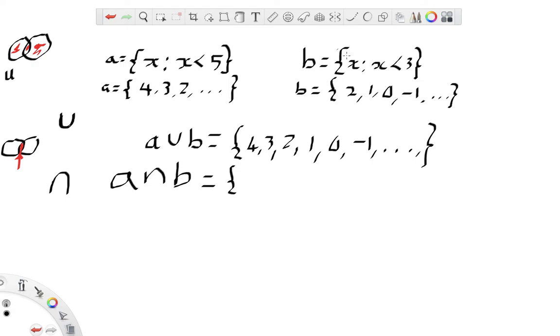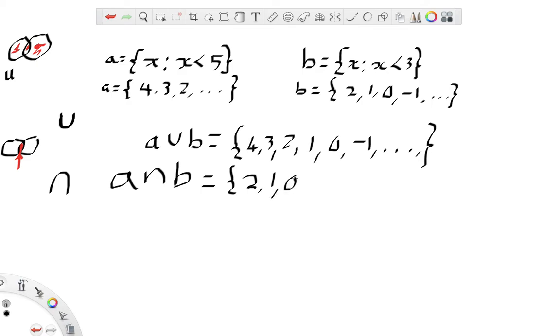So is 4 in both of these sets? No. Sorry, is 3 in both of these sets? No. Is 2? Yes, it is. Will 1 be in both of these sets? Well, it'd be in this one because it's the integers less than 5, and it's in this one. Will 0 be in this set? Well, yeah. Integers less than 5. Yep, it's in this one.